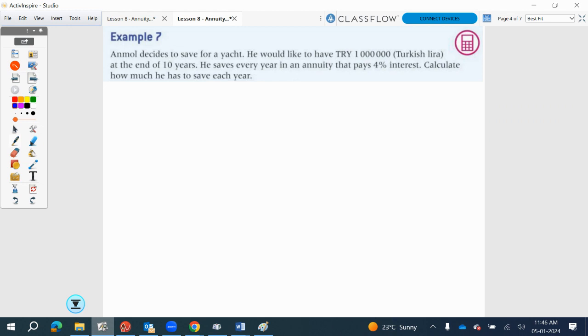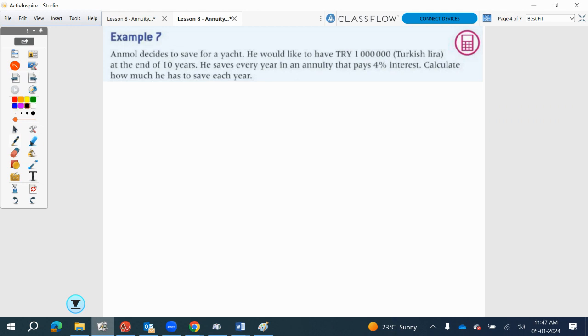Anmol decides to save for a yacht. He would like to try to have 1,000,000 lira at the end of 10 years. He saves every year in an annuity that pays 4% interest. Calculate how much he has to save. Is he saving at the beginning or at the end of every year? We don't know, it doesn't say.